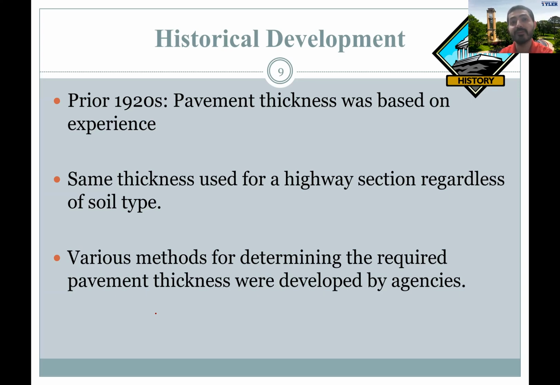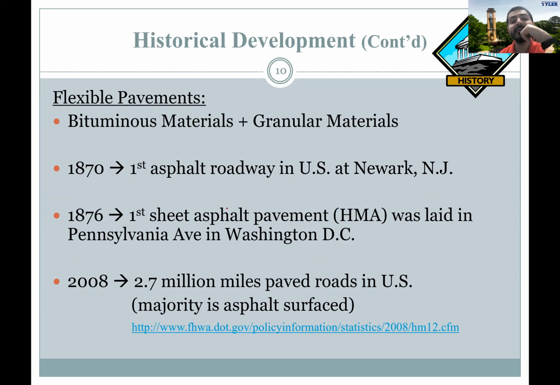Although the weather is different and the soil is different, that's basically how things started a century ago. Regardless of the soil type or anything else, things were about the same. But things started to progress since then.